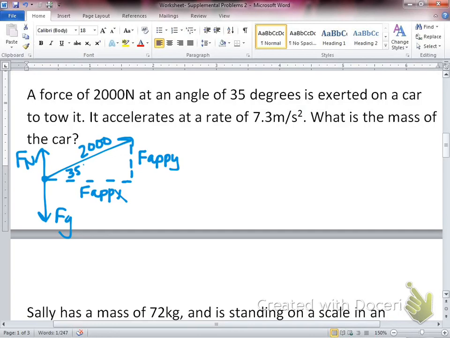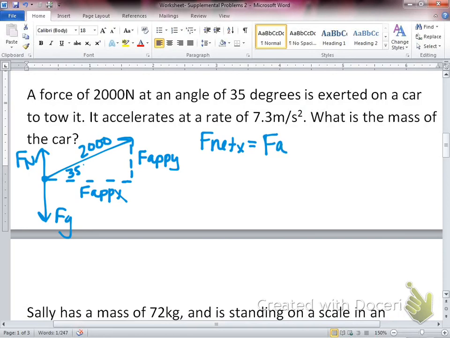Okay, when we're talking about acceleration here of a towed car, are we talking about vertical acceleration or horizontal acceleration? Horizontal, good. So we only really care about our horizontal net equation. F net in the horizontal direction is equal to rightward forces minus leftward forces. So what's our rightward force here?